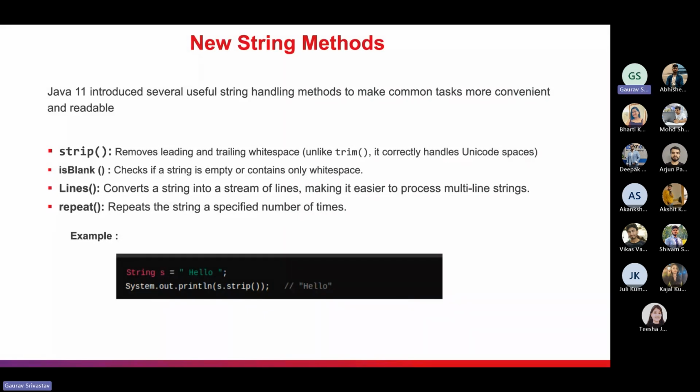After that we have a new method, isBlank. isBlank checks whether the string is empty or contains only white space. Previously, if you defined a string and wanted to check whether it was blank, you could check the length, like str.length() equal to 0. If you get 0, then the string is blank.